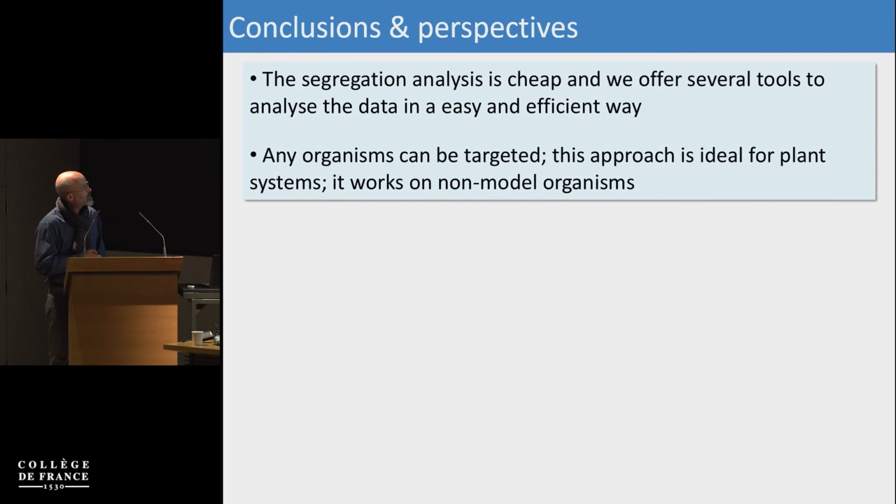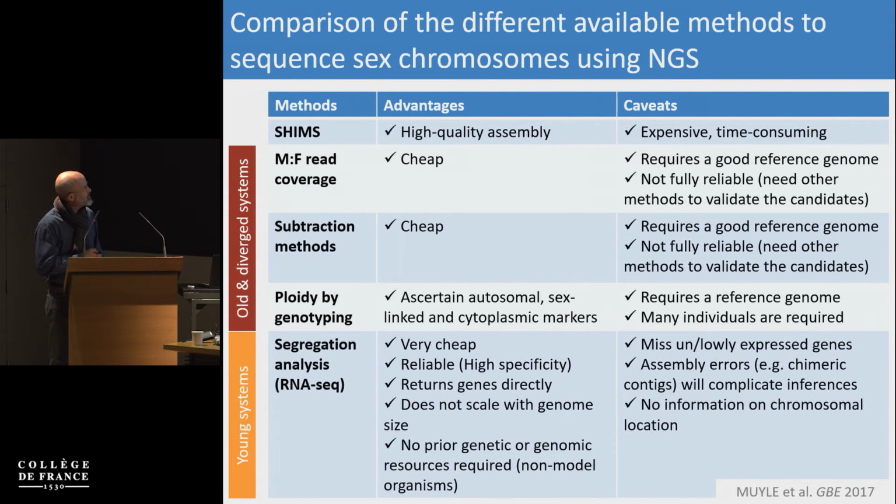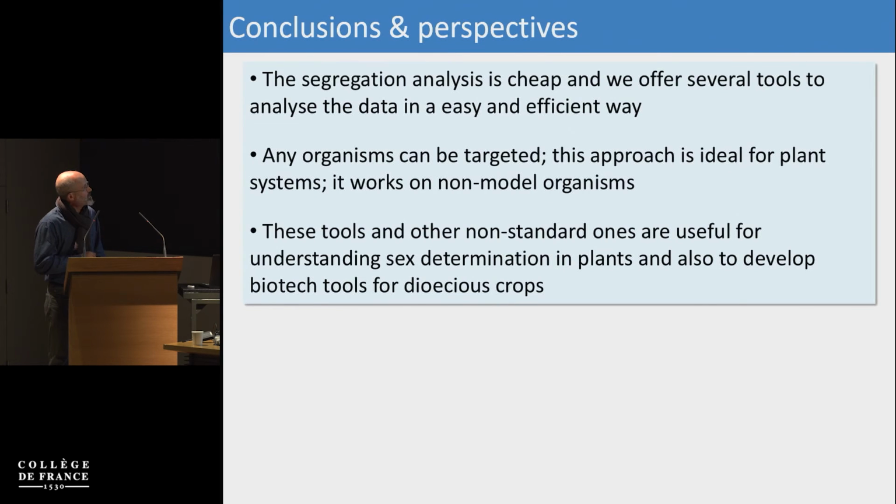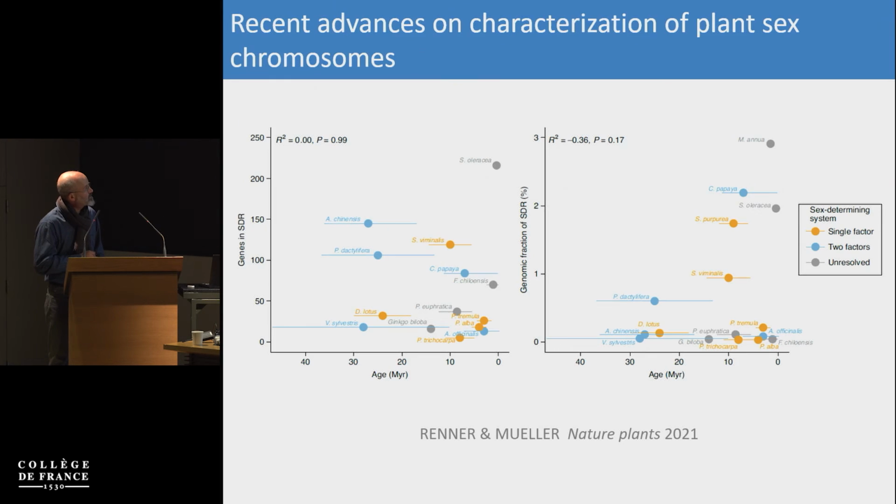It's ideal for plant systems because the different non-standard methods, they have different performances depending on the age of the system. But the segregation analysis does the best for young to not too old systems. So it's really interesting for plants.